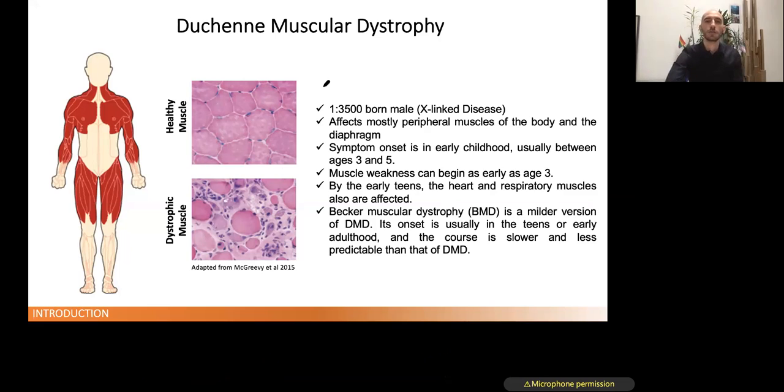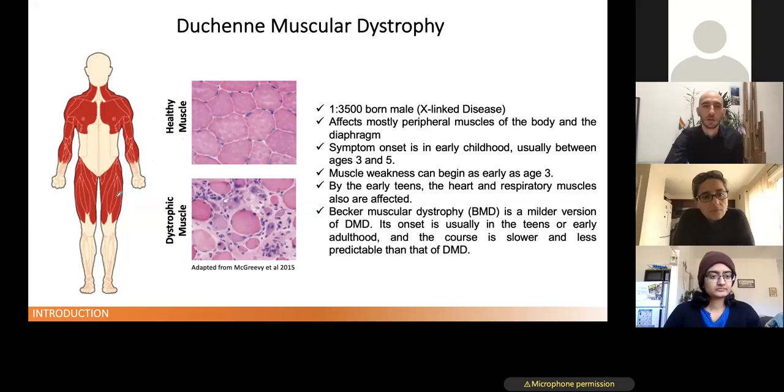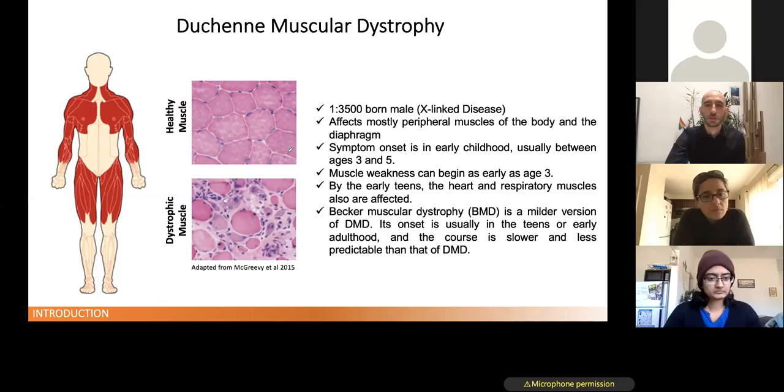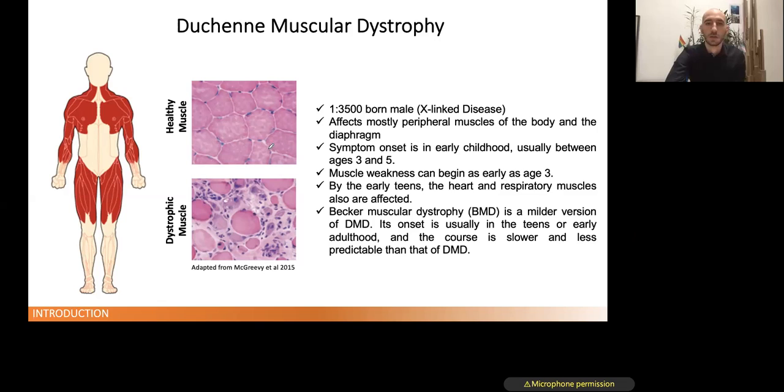Duchenne muscular dystrophy is a very debilitating disease that affects mostly the peripheral muscle of the human body. You can see that it destroys the nicely organized structure of the human muscle with infiltration of fibrotic tissue, adipose tissue, and inflammatory cells.